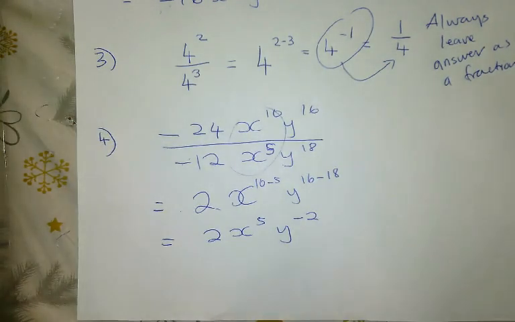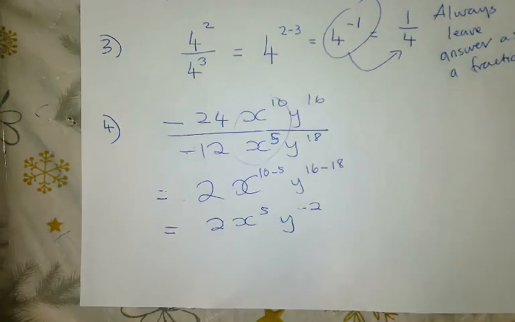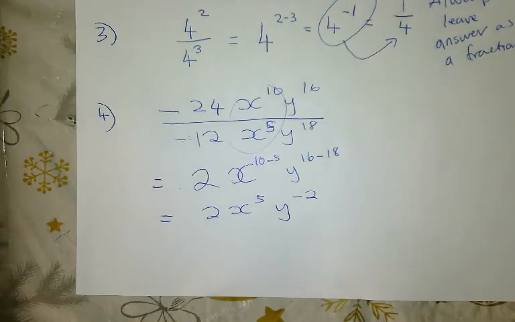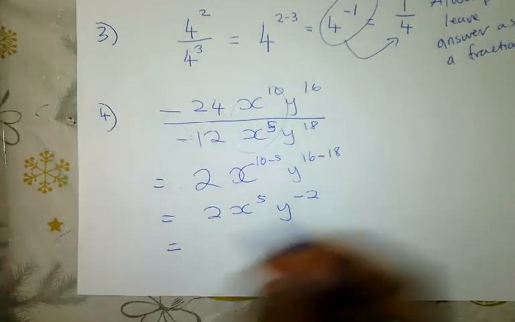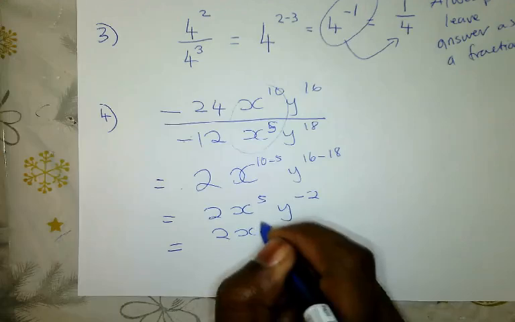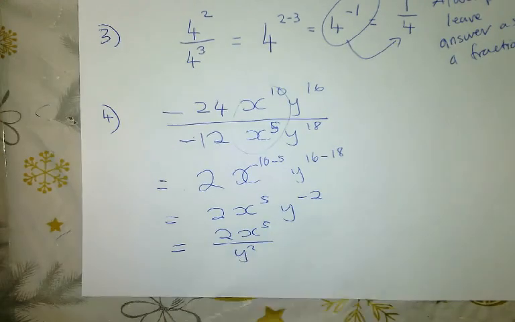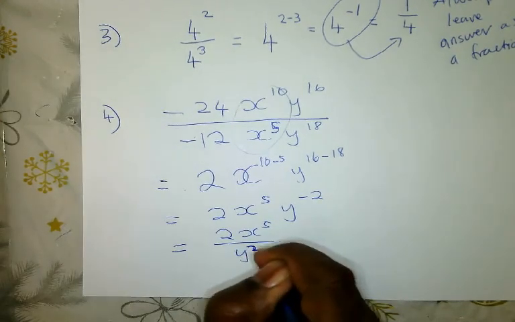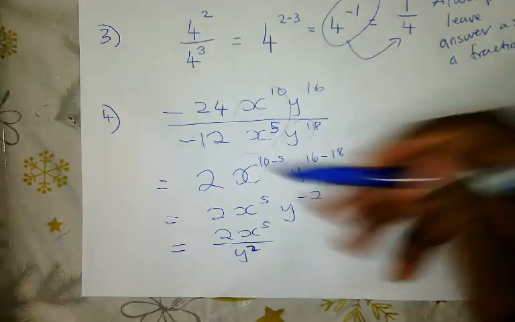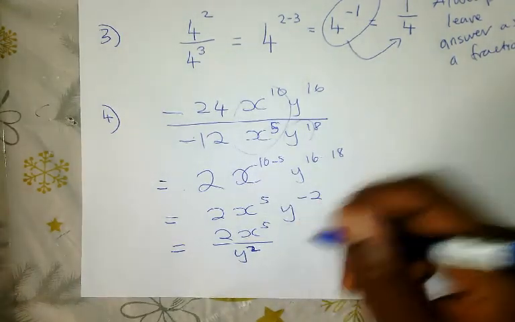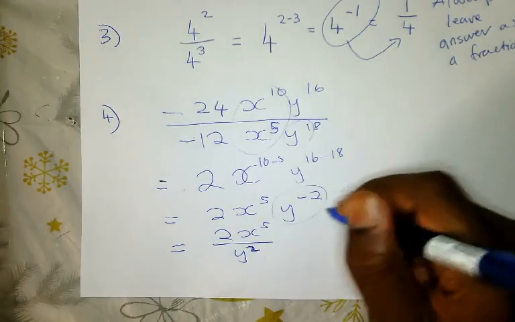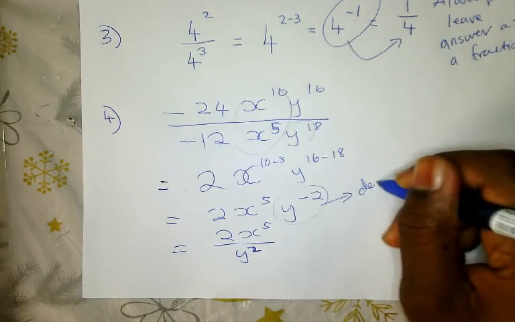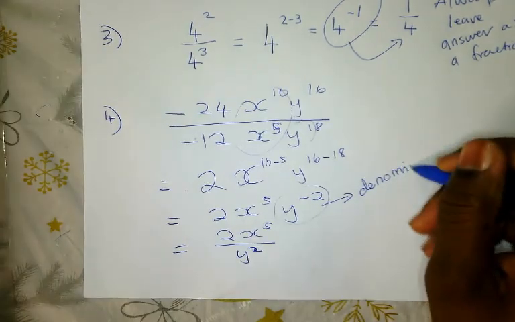And then what does the negative 2 mean? It means we must take it to the bottom. So meaning we have 2 y's underneath. So this, the one with the negative exponent, becomes a denominator. Is that fine?